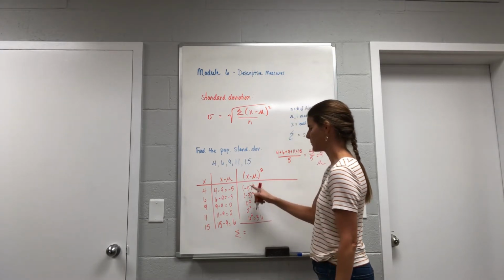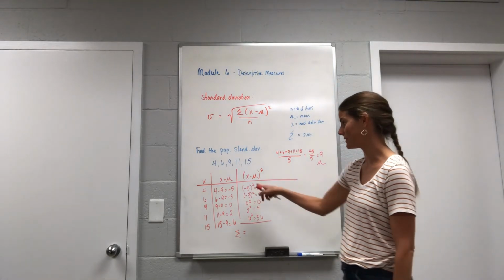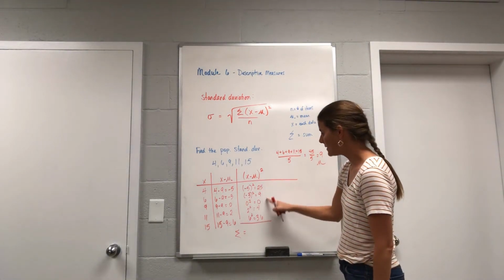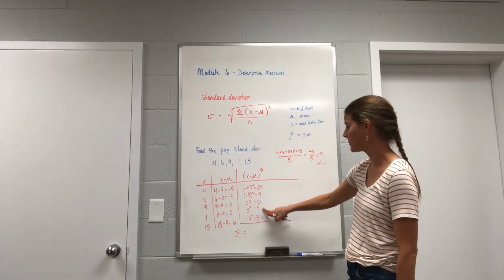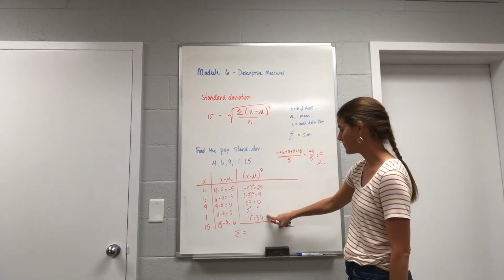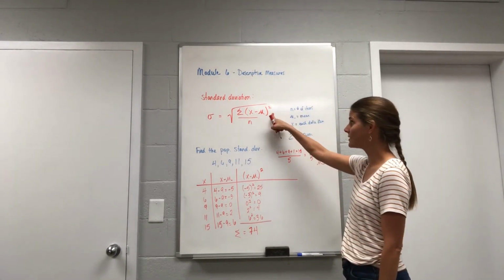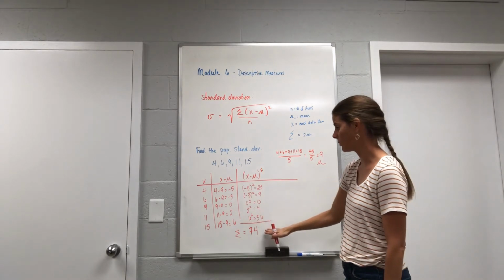Notice that I put these in parentheses because we're not squaring just the 5 and leaving that negative out there. Negative 5 times negative 5 is a positive 25. Then we add these up: 25 plus 9 is 34, plus 4 is 38, plus 36 is 74. That is the numerator. 74 is our numerator. This table sets it up so we can find that numerator pretty easily.